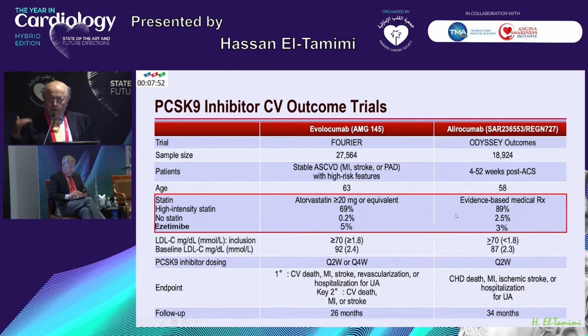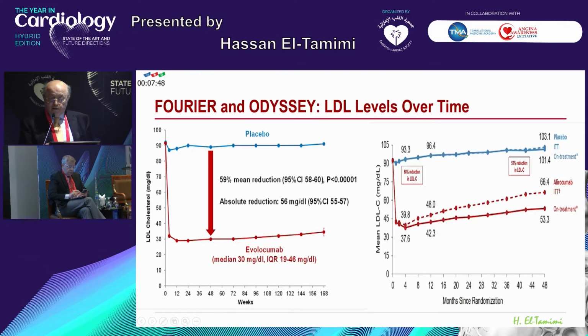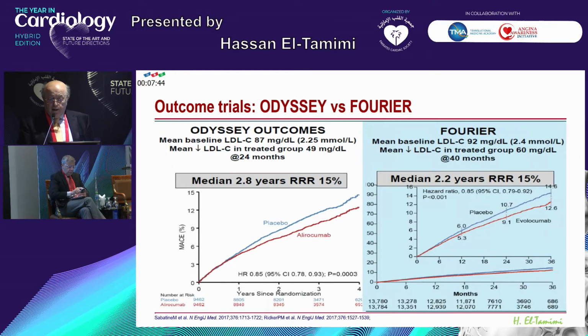So they have maximized the benefit and significant impact on LDL in both trials, and some benefit. I think if you look at the range of LDL reduction, you'd expect much more impressive outcomes. Still, it's quite significant, about 15% relative risk reduction.